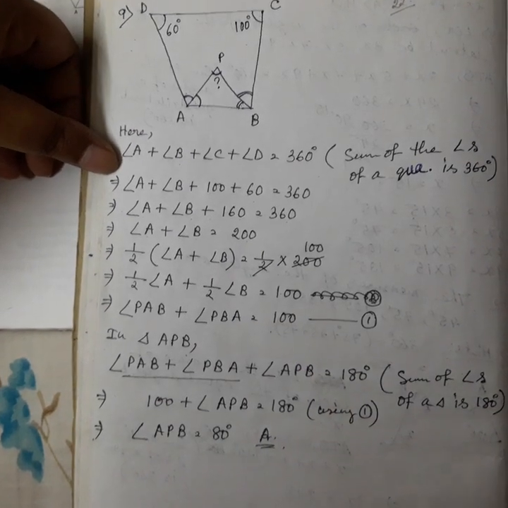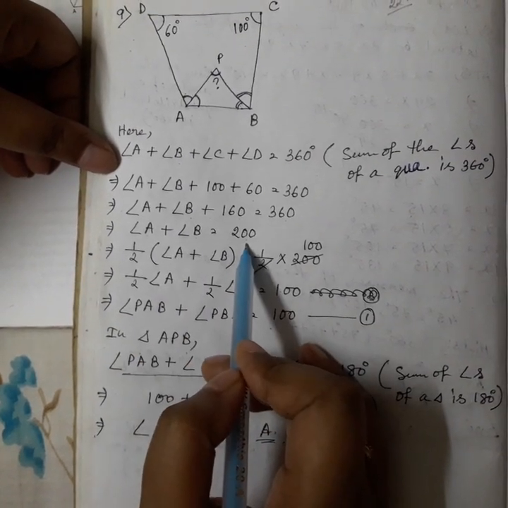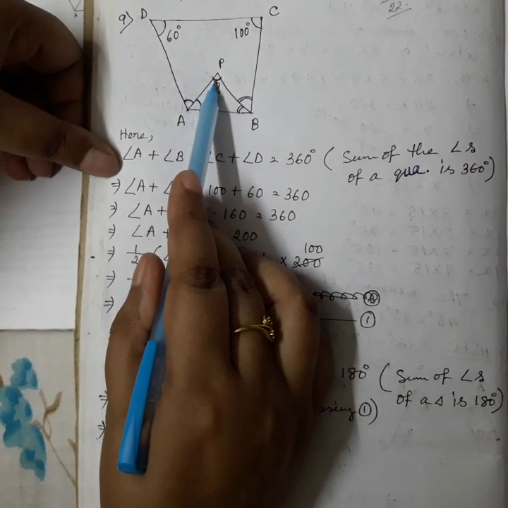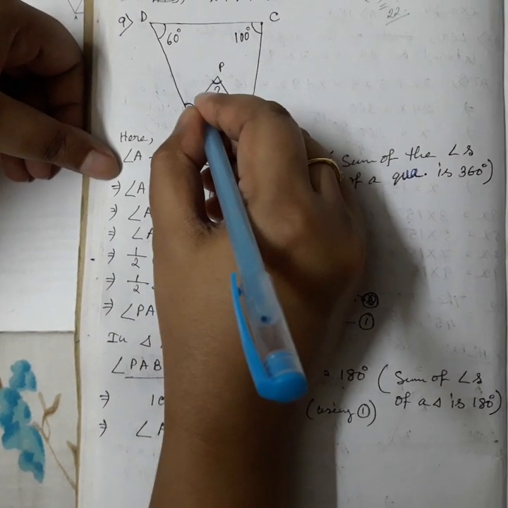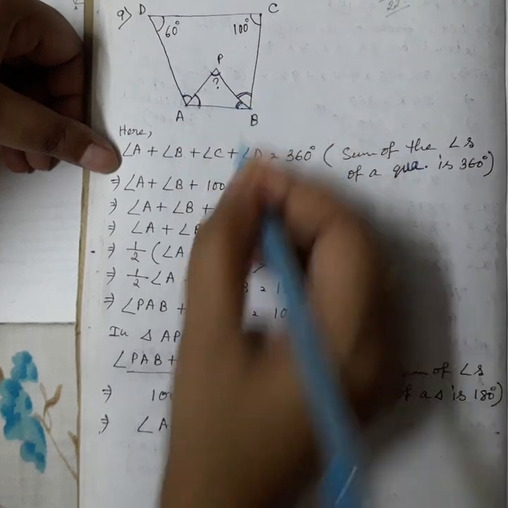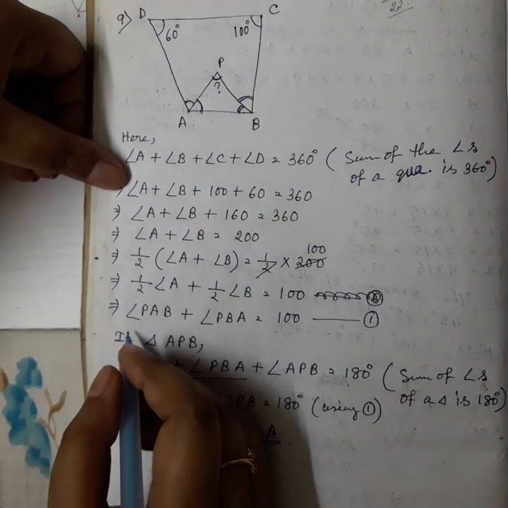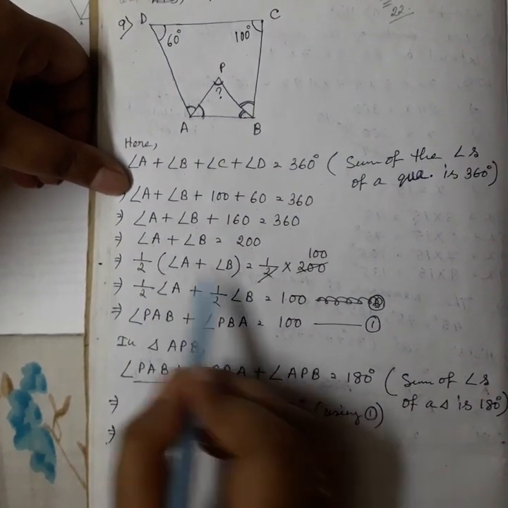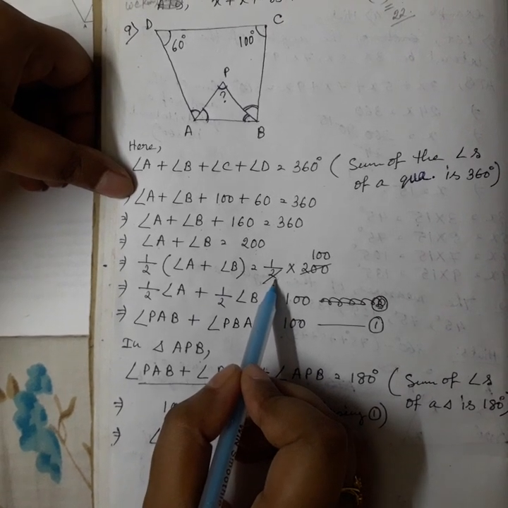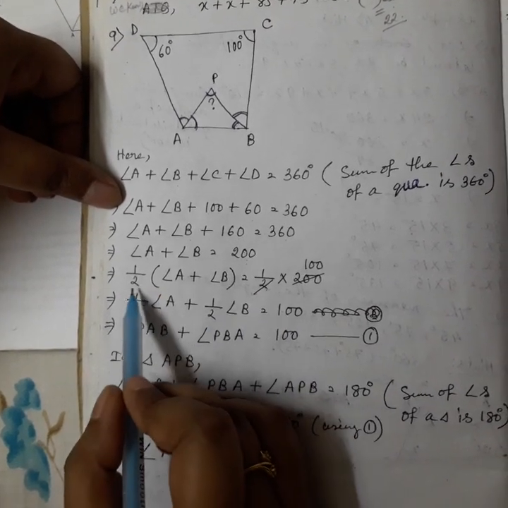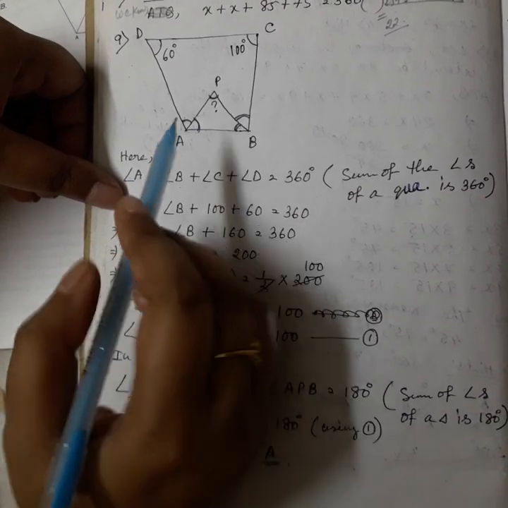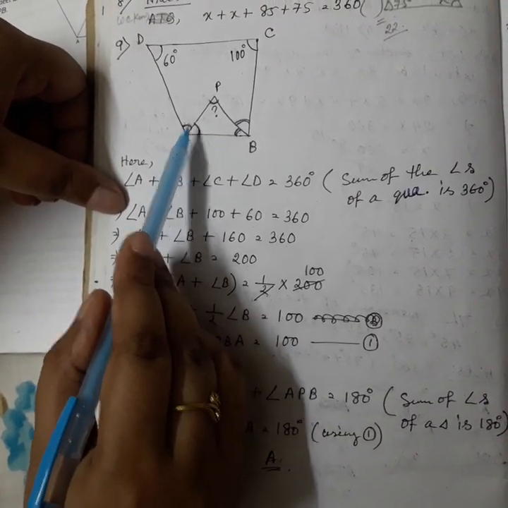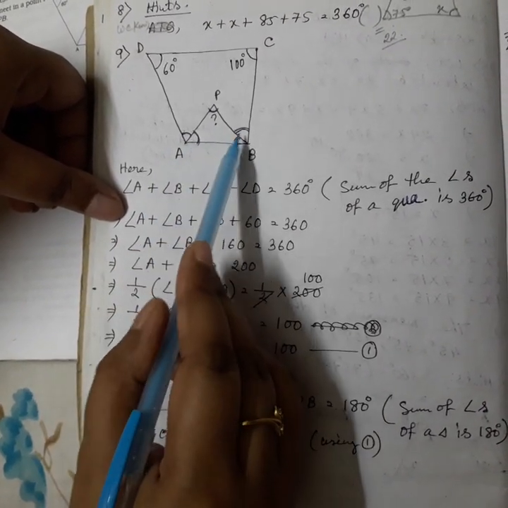Now angle A plus angle B equal to 200 degree. But for finding this angle, only this part and this part is needed. So that's why we have multiplied with half on both sides. You have to remember this method, that you multiply with half such that you can get this angle, because these two are equal parts and these two are equal parts.